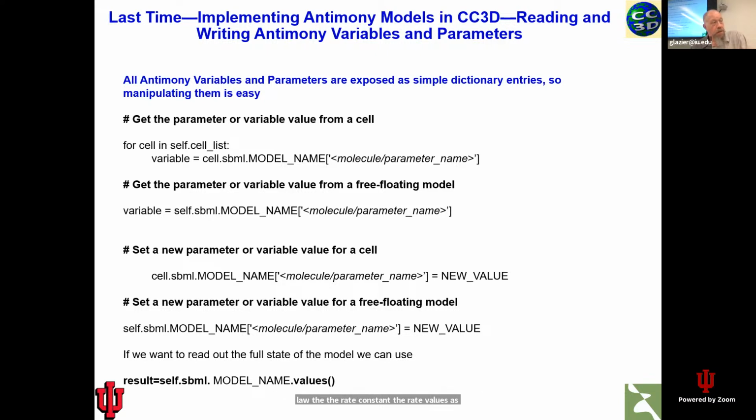And so the one thing that you have to do is if you want to use a tracking field, you'll have to copy that value from the cell.sbml.model name dictionary into cell.dict value. And again, you can read out all of the values at once using the function .values if you want.